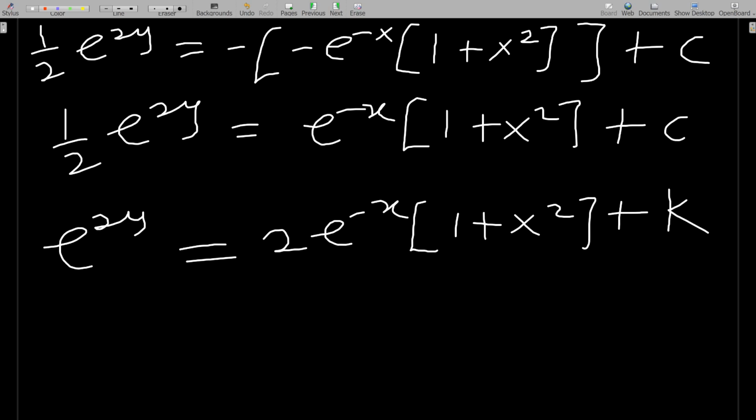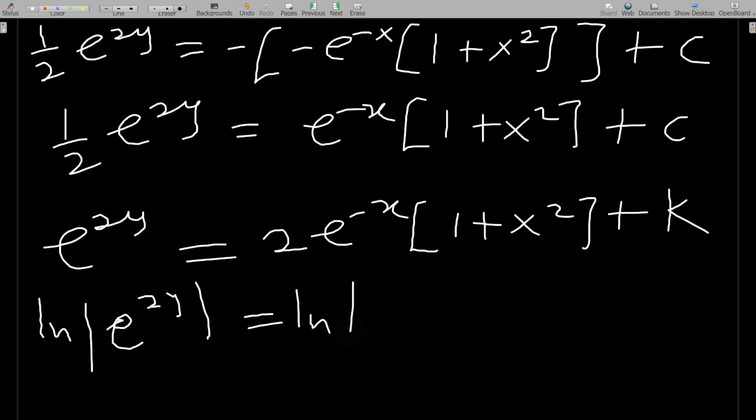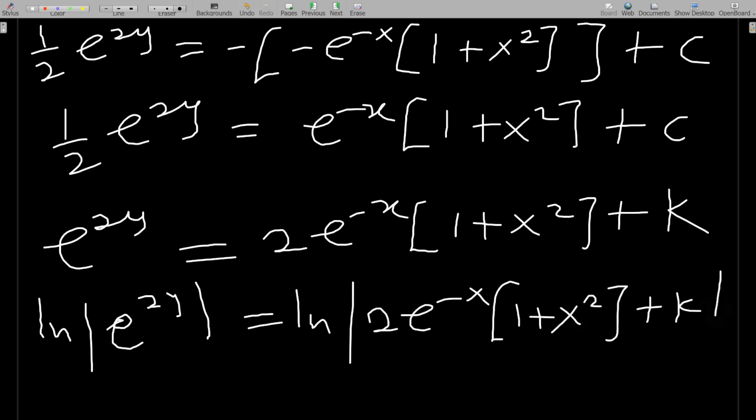Okay, so if I take the ln of both sides of the equation, ln of e to the 2y, it's 2y rather, this should be equal to ln of 2e to the negative x into 1 plus x squared plus k.